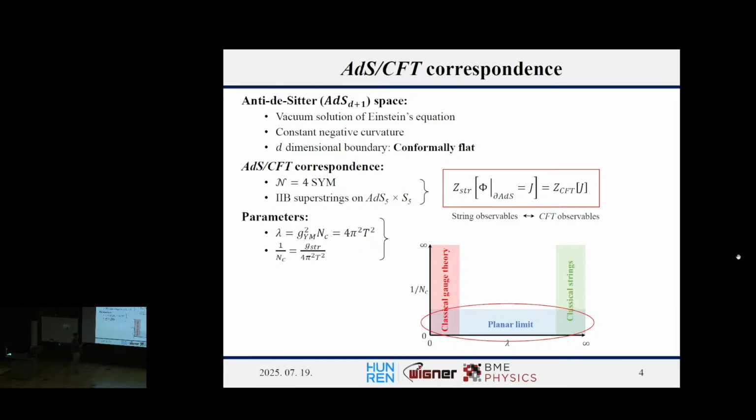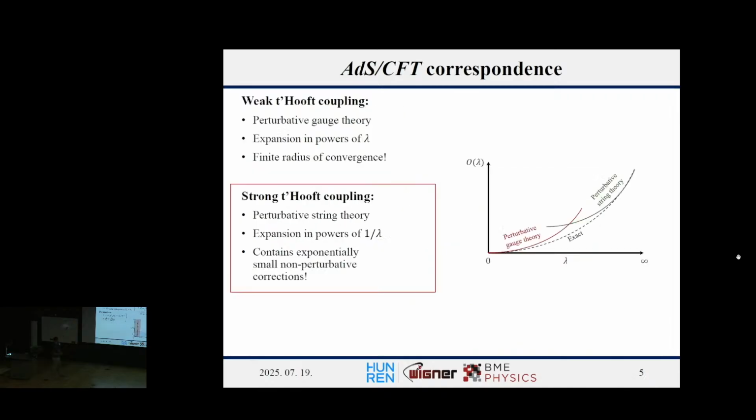I denote this by N_c here, and the 't Hooft coupling. In my presentation, I will mostly talk about the planar limit, which is the N goes to infinity limit, so leading order or next to leading order in it. So we killed one parameter.